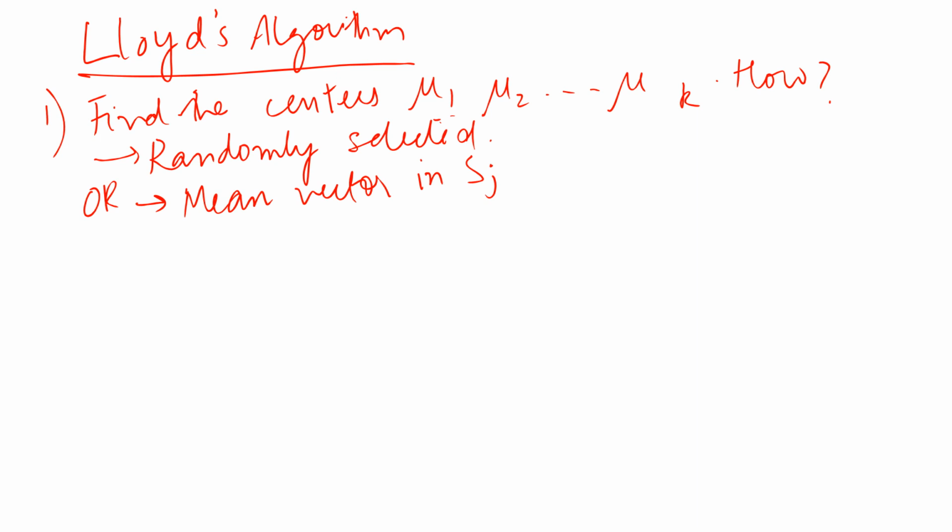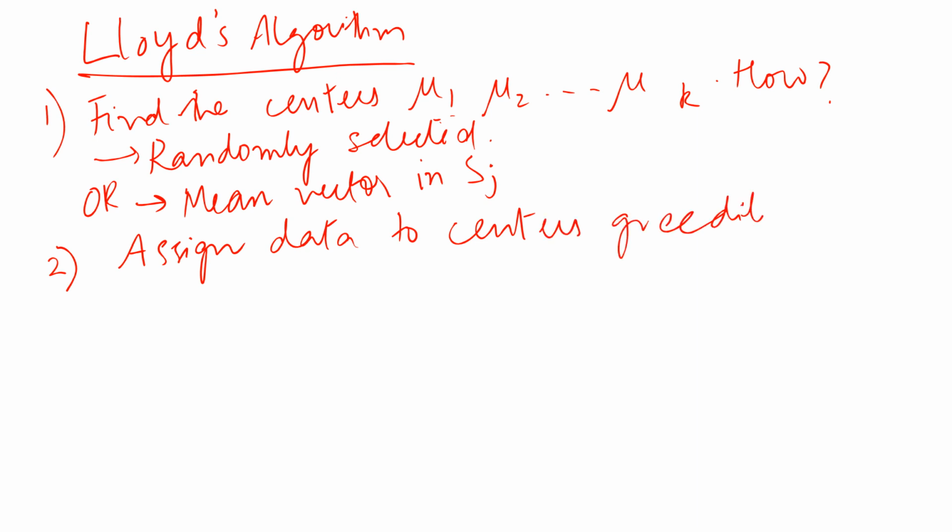But once we have that, step number 2 is assign data to centers greedily. What does that mean? Assign data to these centers that we just chose, greedily. So how do we do that? Let's say I have this data point xn, then we find the center which minimizes the distance to xn.